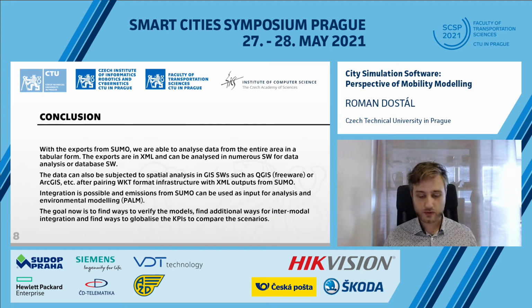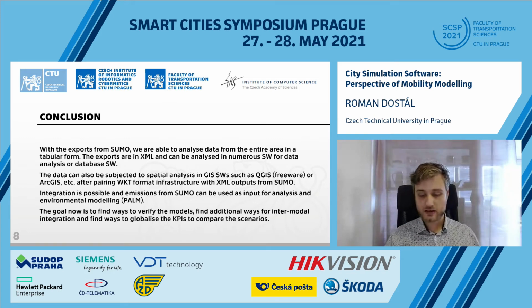To conclude, with the exports from SUMO, we are able to analyze data from the entire area in tabular form. The exports are in XML and can be analyzed in numerous software for data analysis or databases. The data can also be subjected to spatial analysis in GIS software, either QGIS, which is freeware, or ArcGIS or other GIS software.